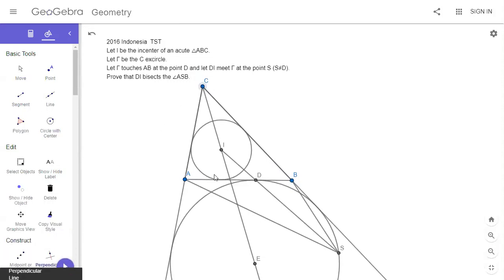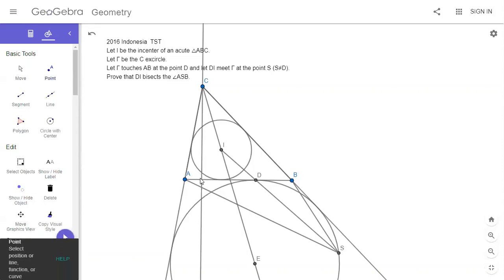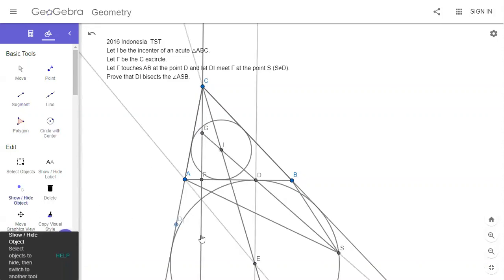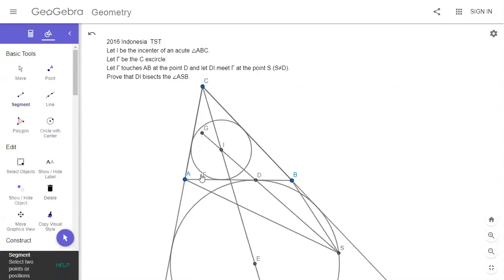So yeah, I'll draw that perpendicular line. You're saying DI passes through the midpoint. I don't know for sure that will be useful, but it might be.